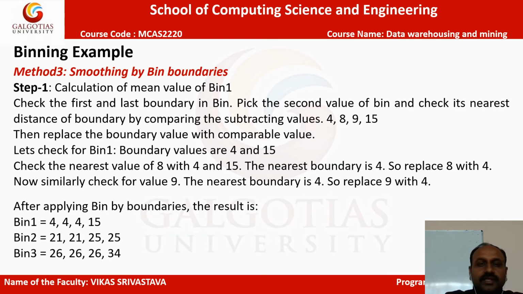Now we will see the third method, called smoothing by bin boundaries. In this, the mechanism you need to apply is that if you have the values 4, 8, 9, 15 in bin 1, we will see the first and the last boundary values, that is 4 and 15.